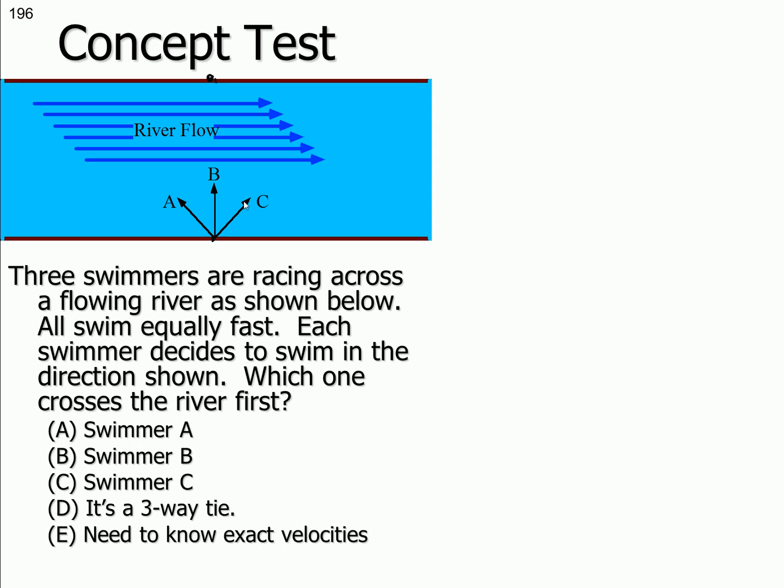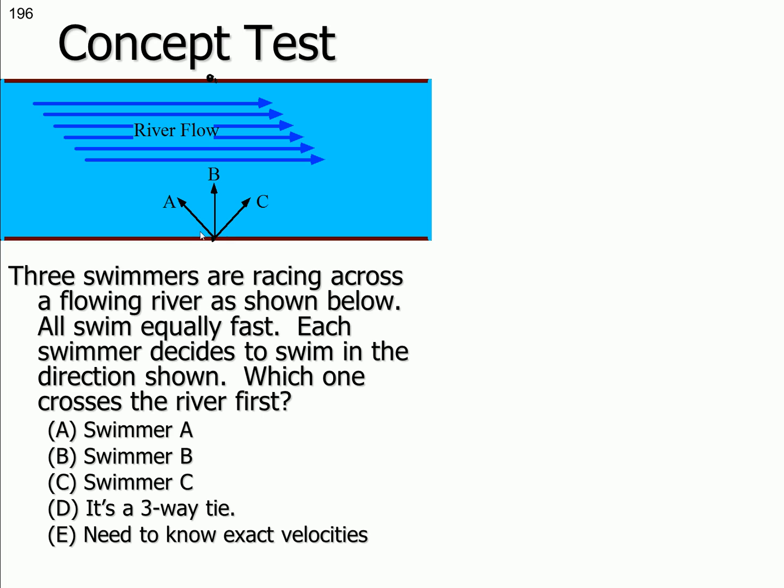So the last thing was a concept test. In this example, we have a race between 3 swimmers, all of whom can swim equally fast. The goal is to reach the other bank of the river. They don't actually have to land here, they just need to reach the other side. The question is, which of these swimmers, who have different strategies, wins?